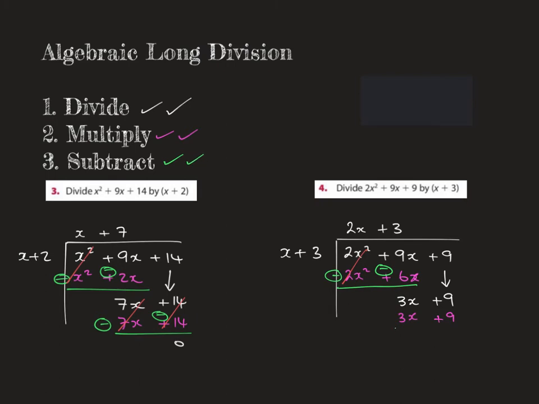And what I'm going to do is draw my line, change my signs, and then subtract. So 3x take away 3x leaves me with nothing, and 9 take away 9 leaves me with nothing. So that's my final answer there. So I can say that 2x squared plus 9x plus 9 divided by x plus 3 leaves me with 2x plus 3.